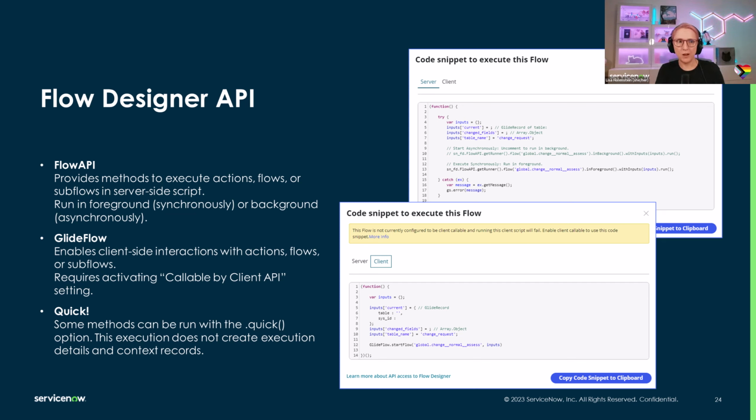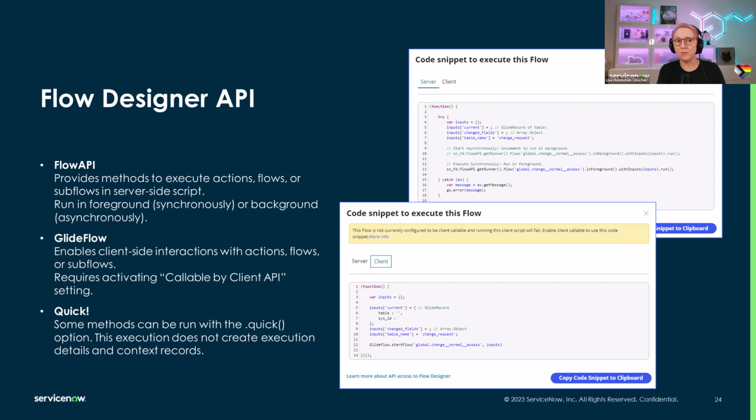And the most obvious one would be to run or trigger a flow. And to do that, we can do that either from a server-side script or from a client-side script with the Flow API. The handy part about Flow Designer is that it'll generate this code snippet for you, so you don't have to write all of this, and it gives you some instructions on what is expected for the inputs.